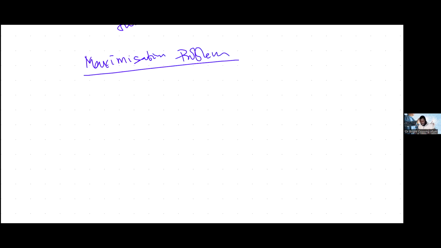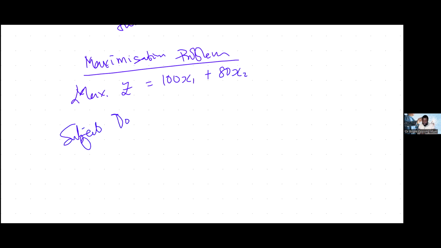Let's assume that we have developed a model, and the model says that we are maximizing a function z, and that function is 100x1 plus 80x2. As usual, this function is subject to a set of constraints.